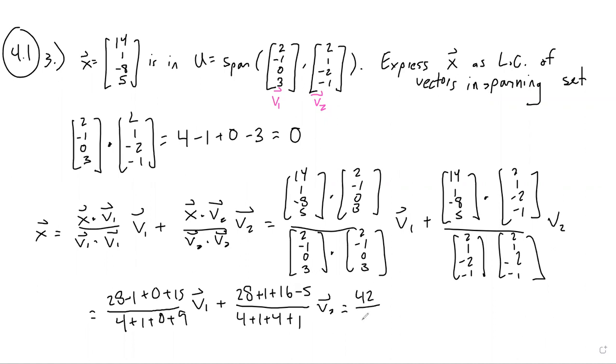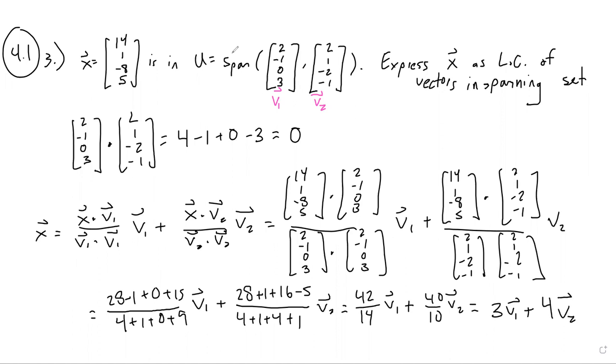So 42 over 14 v1 plus 28 plus 16 plus 1 minus 5, 40 over 10 v2. And so yeah, we get 3 v1 plus 4 v2.